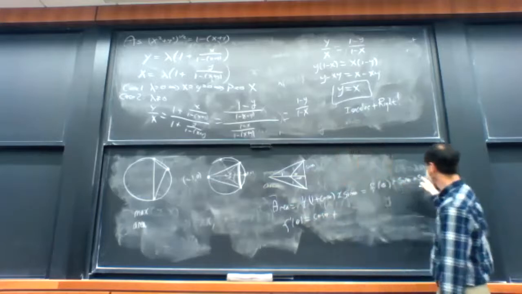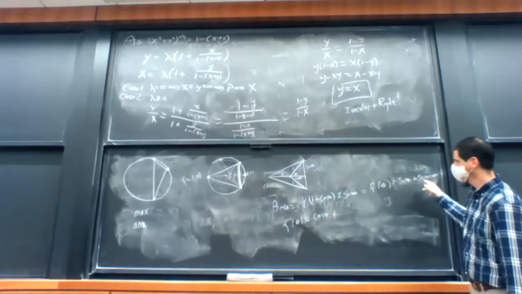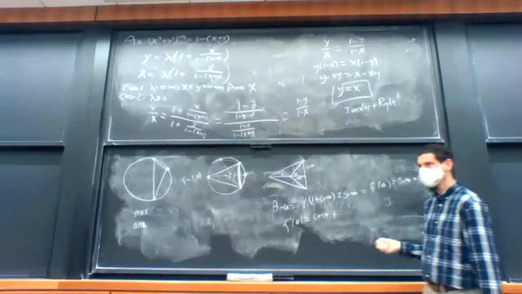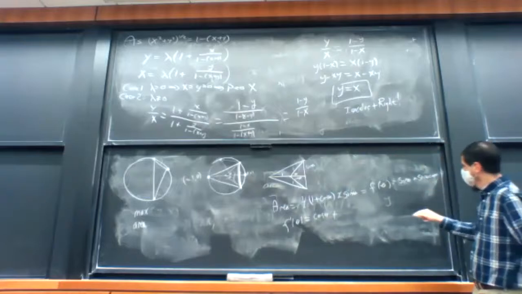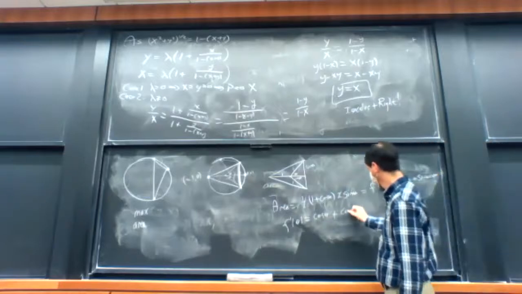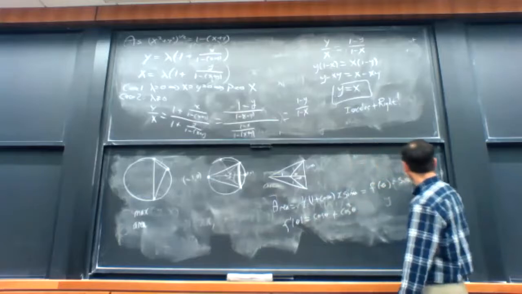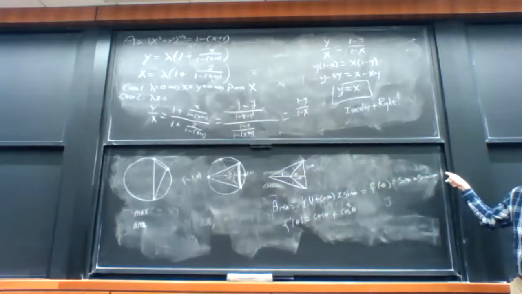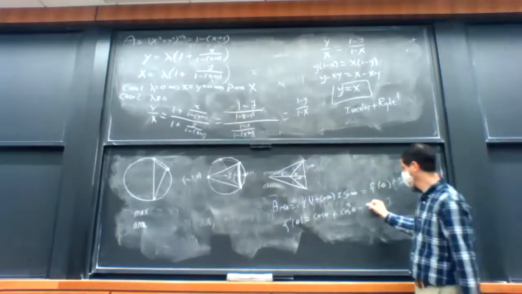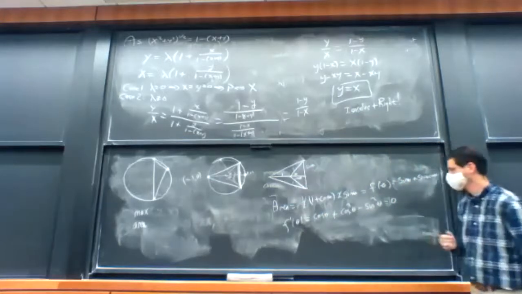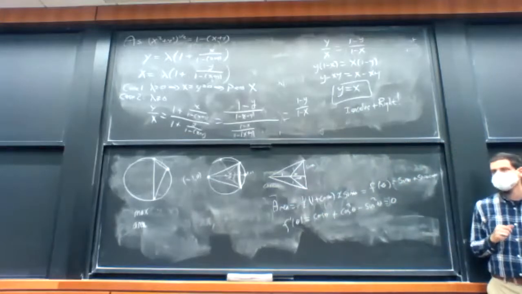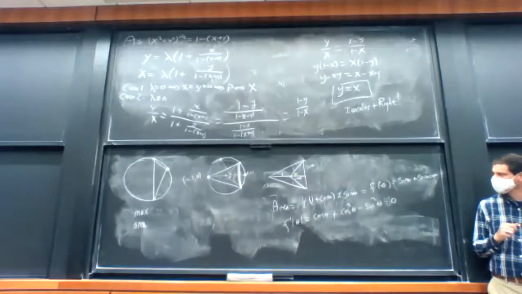Maybe it would have been better to just use the product rule. The derivative of sine is cosine, so we'll have cosine theta, plus cosine squared theta. And then we have sine times the derivative of cosine, which is minus sine, so we have a minus sine squared theta equals 0. So how would you solve cosine theta plus cosine squared theta minus sine squared theta equals 0?